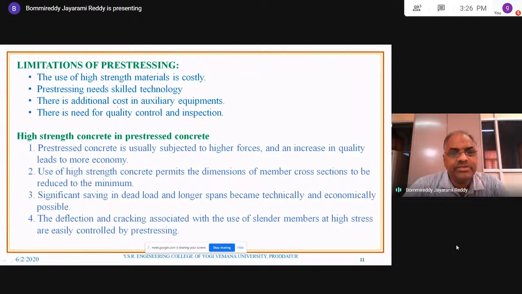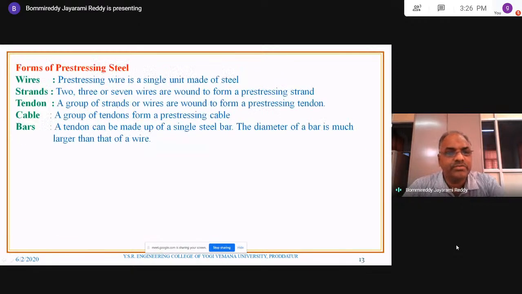And pre-stressing needs highly skilled technology for introducing compressive forces on concrete by applying tensile force onto the steel reinforcement through jacks, and it needs very high quality control and inspection. These are the small limitations.